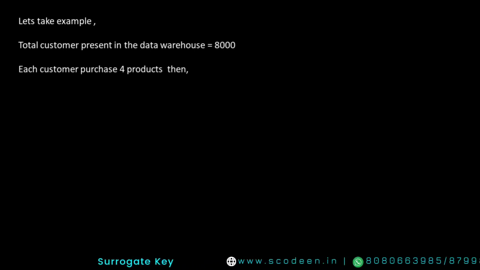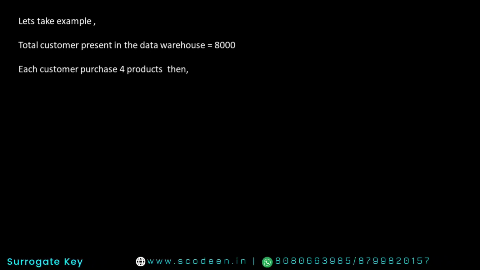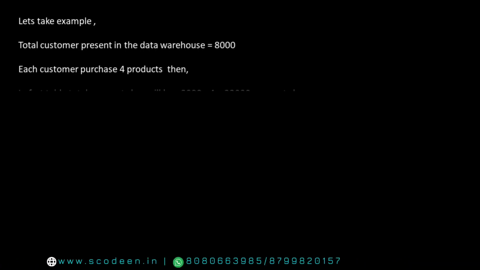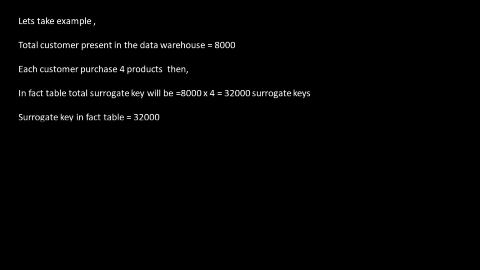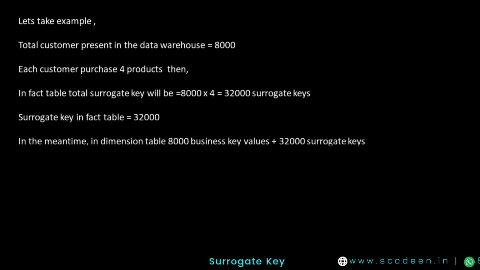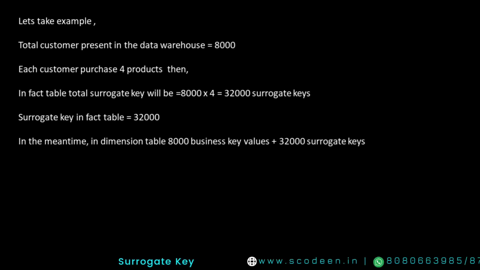Surrogate key in the fact table will be 32,000 obviously, but in the meantime in dimension table also 32,000 surrogate keys, but product ID will be primary key, so 8,000 business keys will be there. This is the major difference. In fact table 32,000 surrogate keys, in the dimension table it will be 32,000 surrogate keys plus 8,000 business keys will be there.